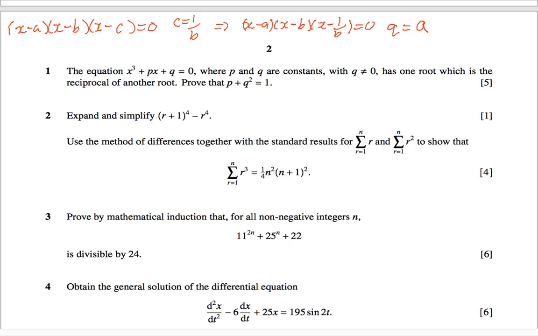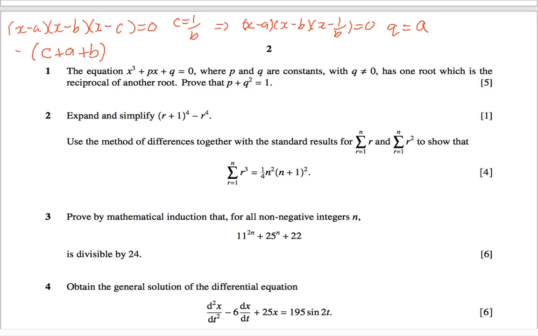The next thing to observe is that there's no x squared term. Where the x squared term comes from is that we'll get this x times this minus c, so we'll get a minus c. And from the minus a times x, we'll get a plus a, and we'll also get the same for b.